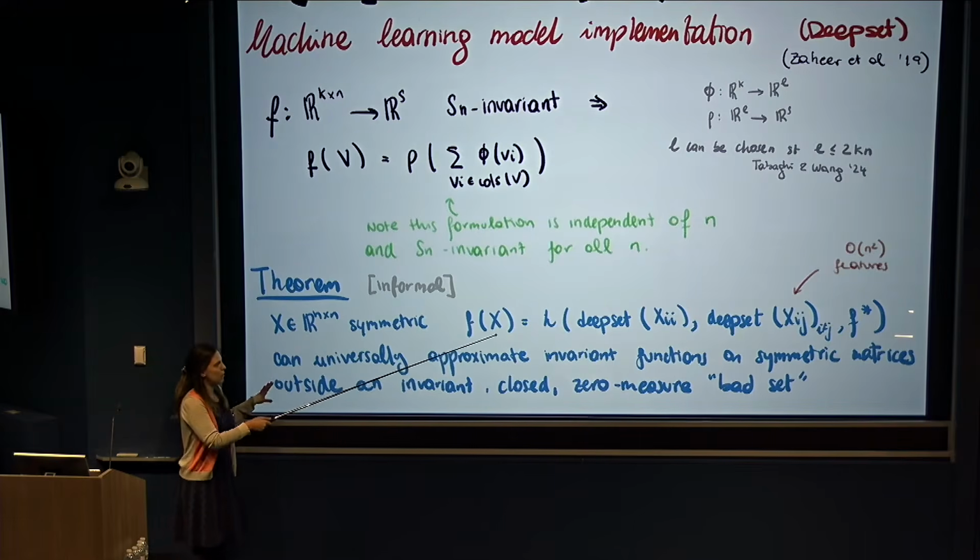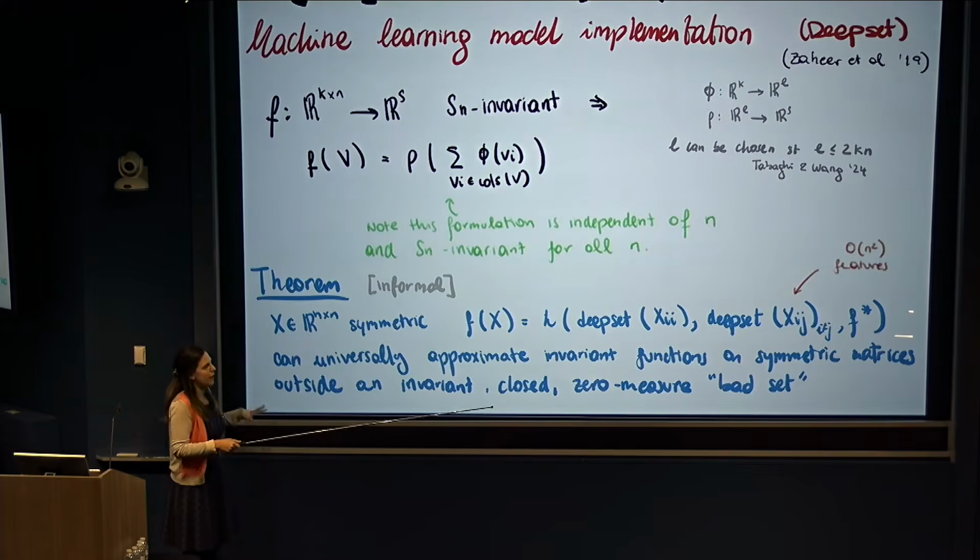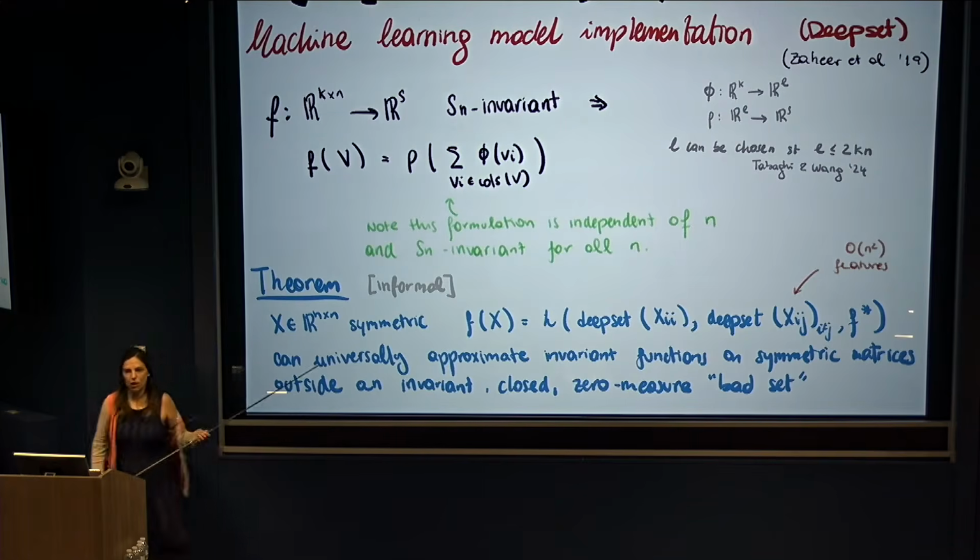This is a universal approximation result outside this bad set, which comes from the fact that we don't have algebraic generators, but field generators.